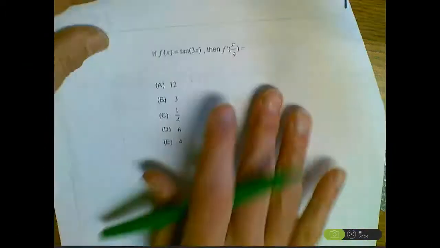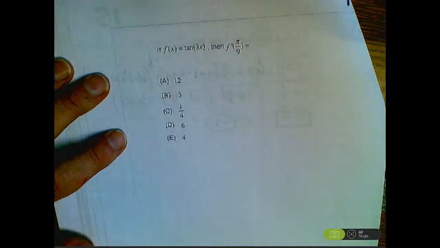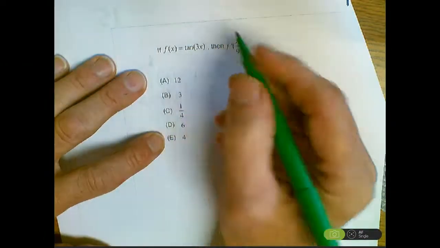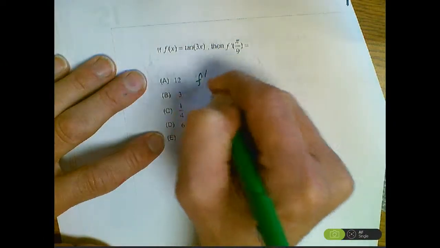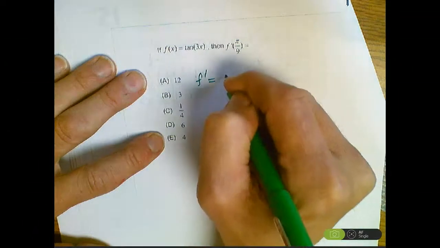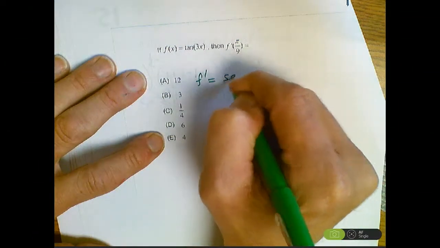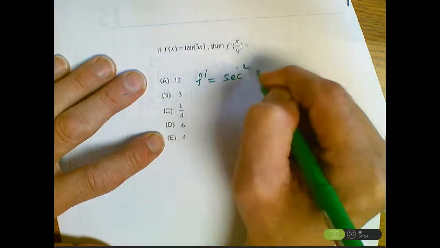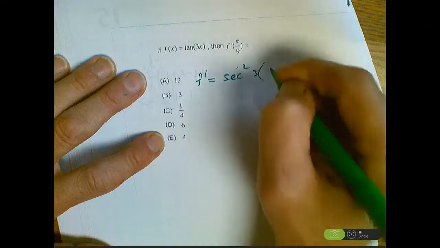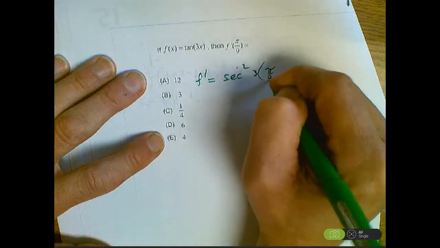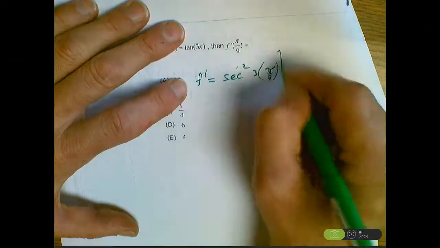We'll do a time check after this problem because we'll be 20 problems in after this one. Derivative of the tangent of 3x. It's a chain rule problem. F prime is what? Tangent is secant squared of 3x. Then we're going to plug in pi over 9. That's the first one.